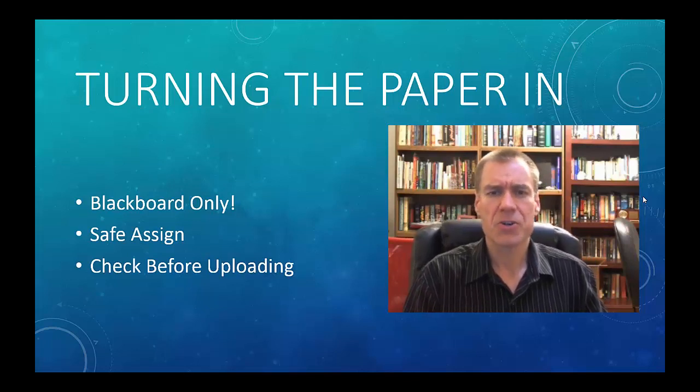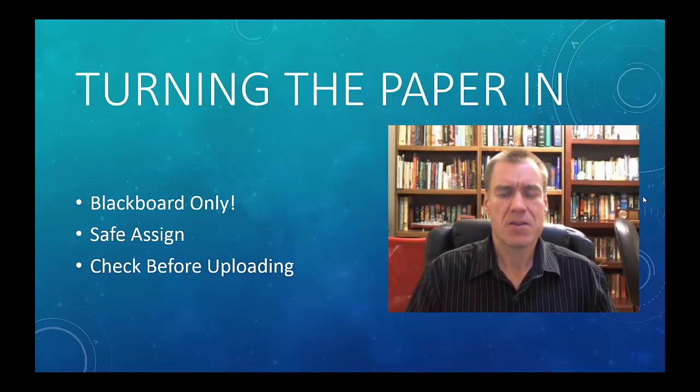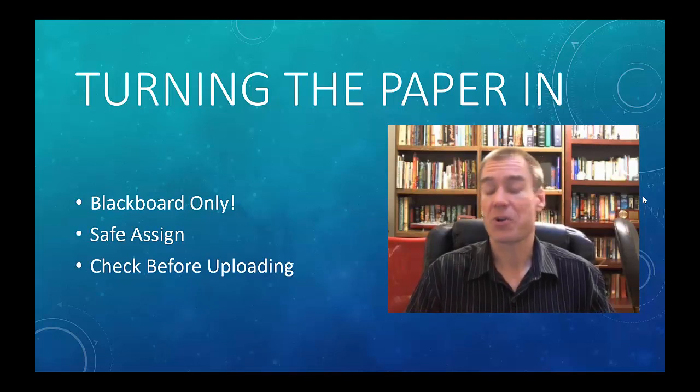Now the papers get turned in through SafeAssign, and what that does is it goes through and checks the web and other papers that students have turned in throughout the country, the systems that use SafeAssign, and checks for cases of copying. And it'll give you a report on the percentage of the paper, ranging from 0 to 100%, which is coming from other sources.